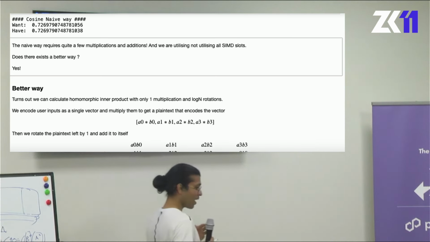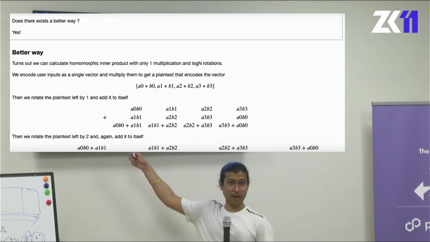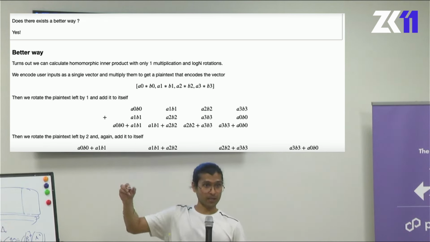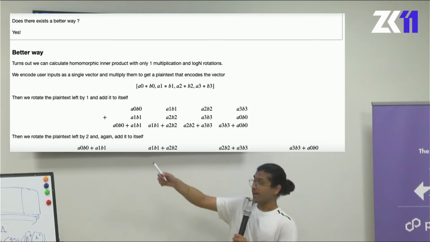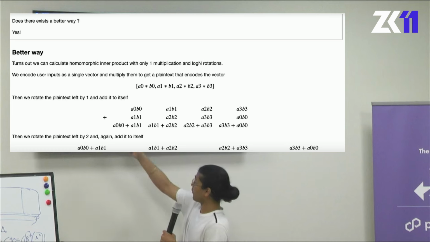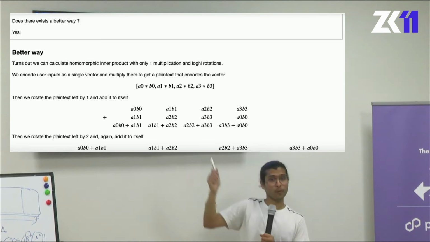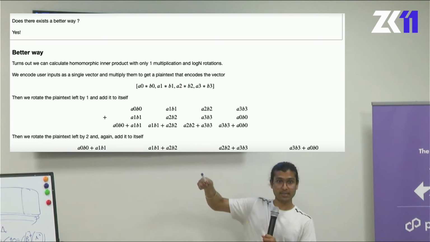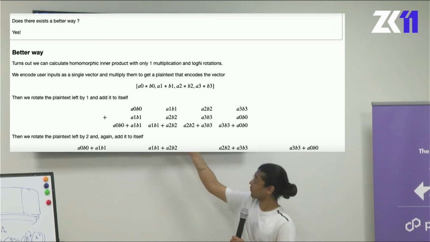Okay, now how do we calculate the inner product? So we have the multiplication, we just need to add all these values, right? Inner product is the multiplication and the addition of these values. The way we do that is via rotation. So first we rotate the existing value to the left by 1 and add it to itself. We get this.